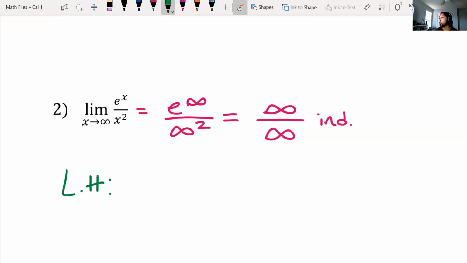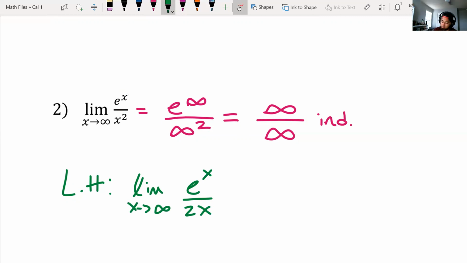So we get to use L'Hopital's, and again you take the derivative of the numerator and the denominator separately. So you'll have the limit as x approaches infinity of e to the x over 2x. Okay, so we took the derivative of the numerator and denominator.